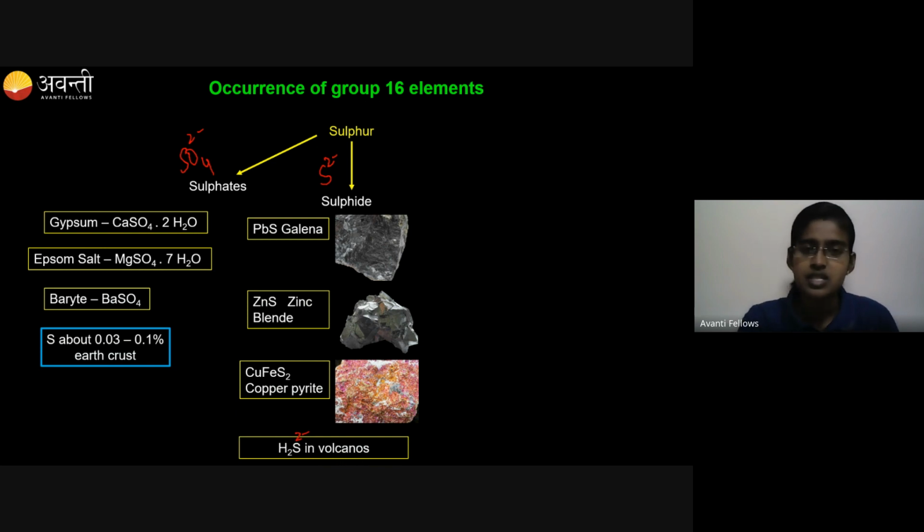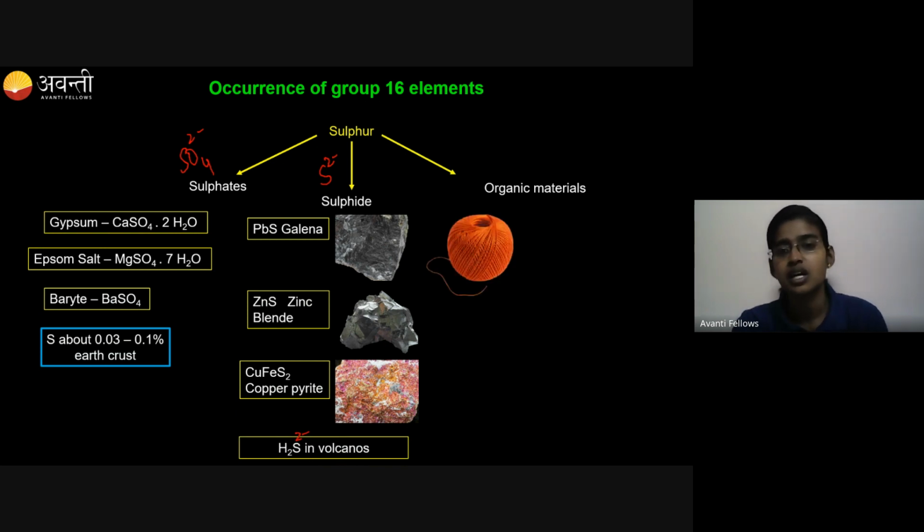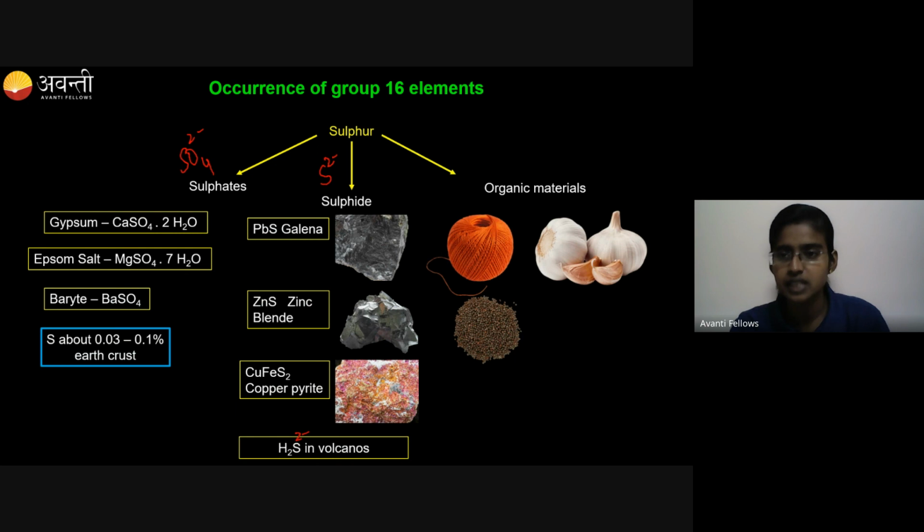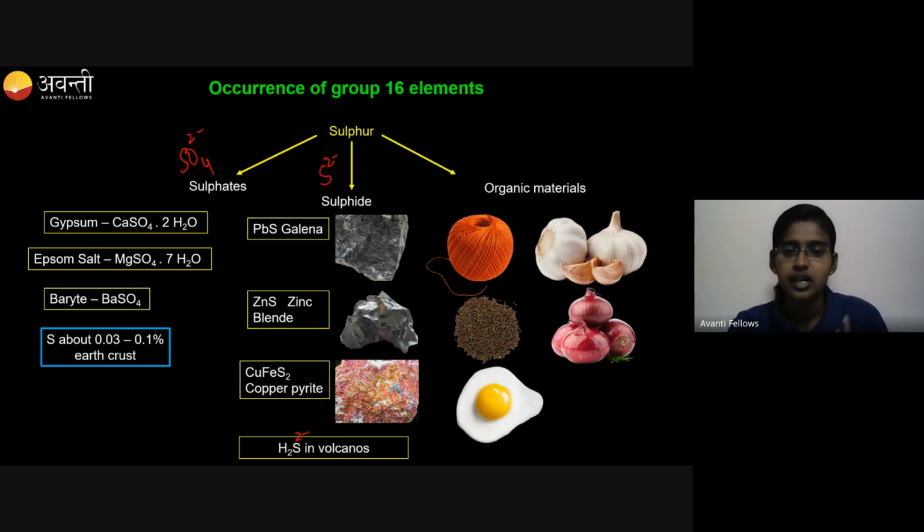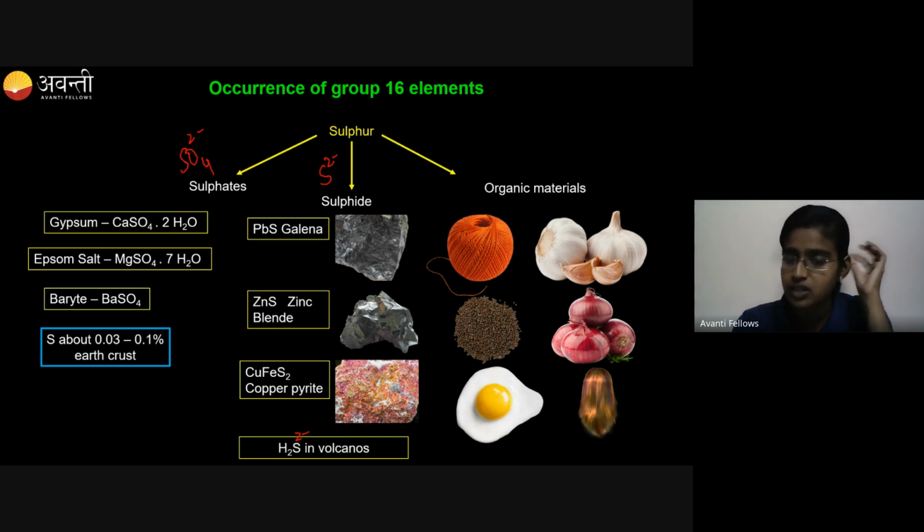Then sulfur is also present in organic materials. What are the natural organic materials? In wool you can see it, in garlic you can find sulfur, in some mustard seeds, in onion, in egg yolk, and in hair it is also present.